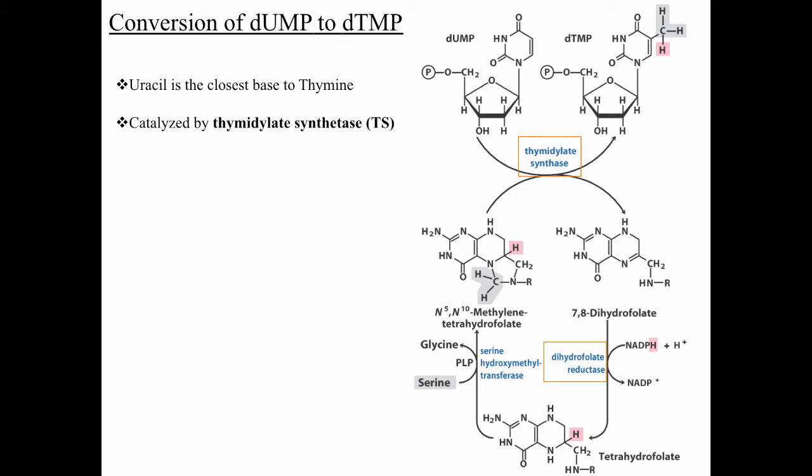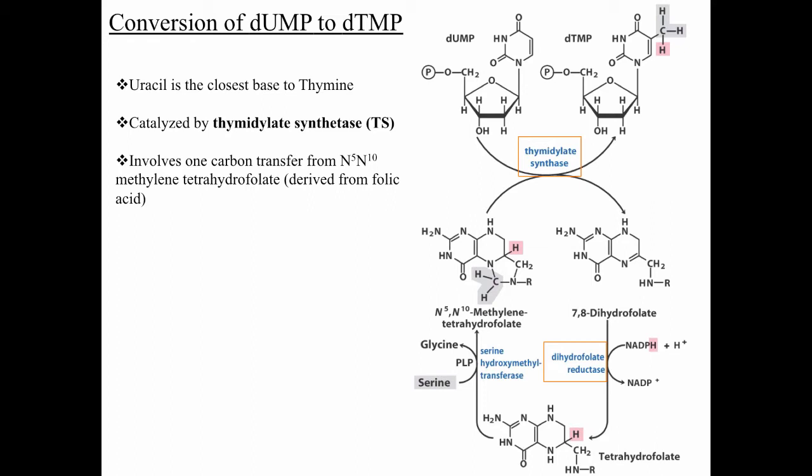This is catalyzed by the enzyme called thymidylate synthase, and it essentially binds dUMP as well as a cofactor called N5,N10-methylene tetrahydrofolate, and it does a one-carbon transfer. It transfers a methyl group from methylene tetrahydrofolate onto the base structure of dUMP to then make dTMP.